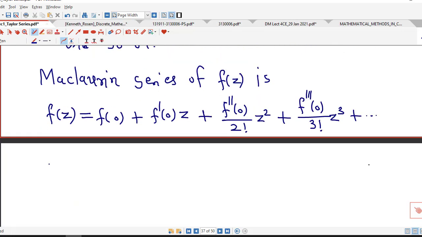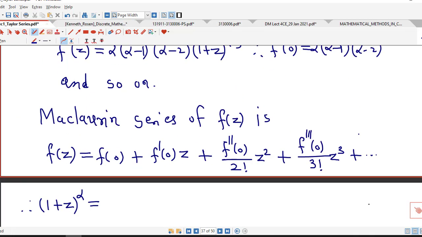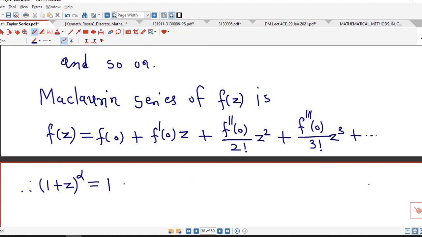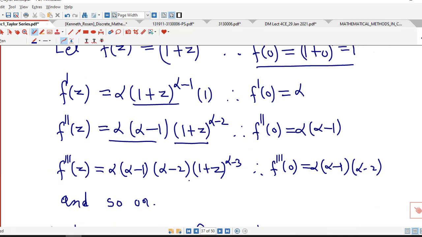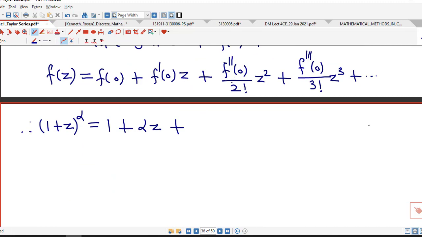So now we substitute values of these derivatives, and our function is (1 plus z) raised to alpha. Value of function at z equal to 0 is 1. First derivative is alpha into z, and second derivative is alpha into alpha minus 1 over 2 factorial into z square.